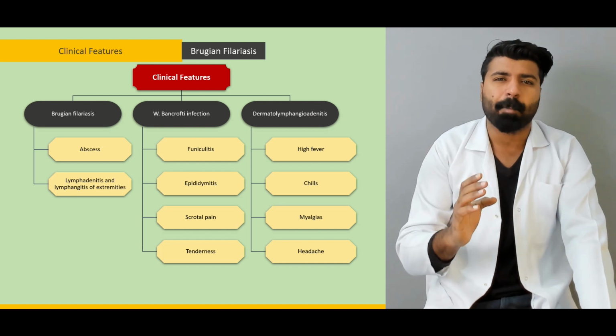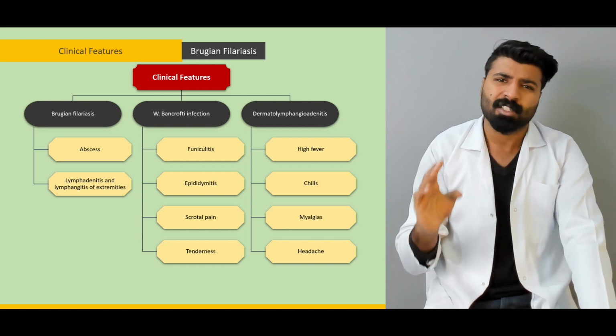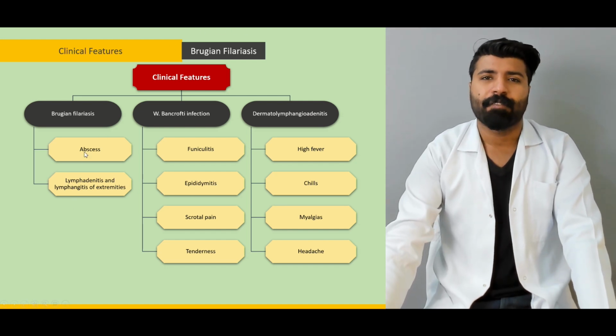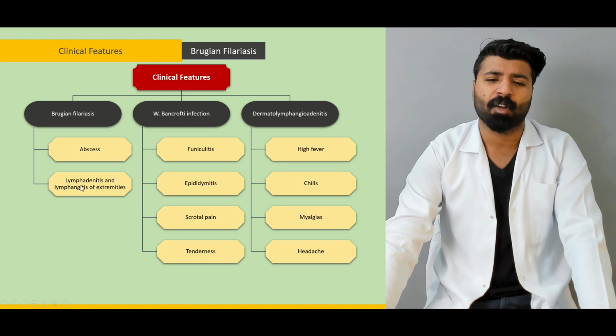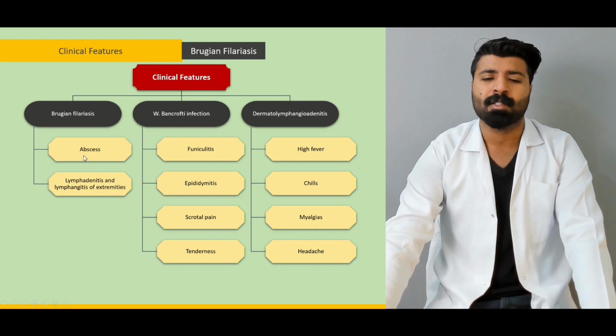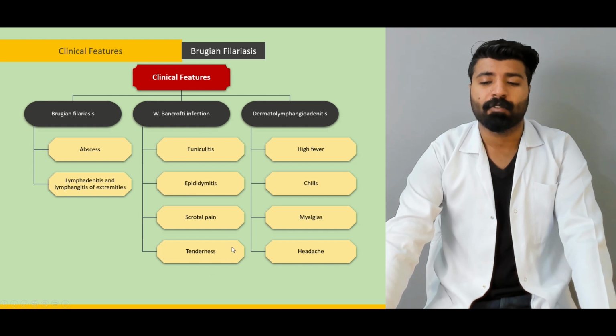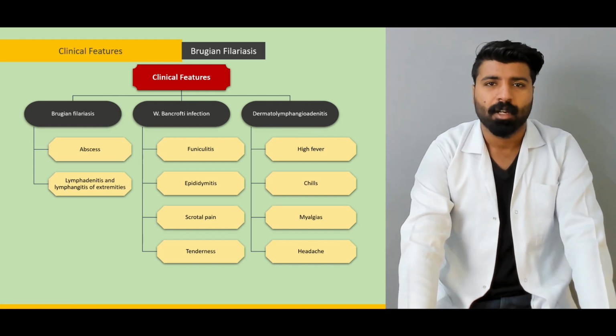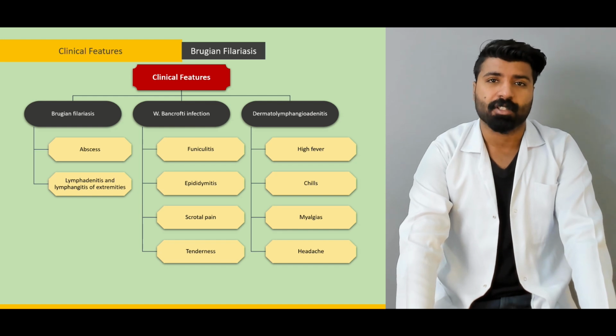All of these are systemic manifestations, rather than these two, which in most cases affect one system or one site, and bancrofti affecting only one site. Now, on the other hand, this is very different. It has systemic manifestations. That's the differentiating point regarding the clinical features.